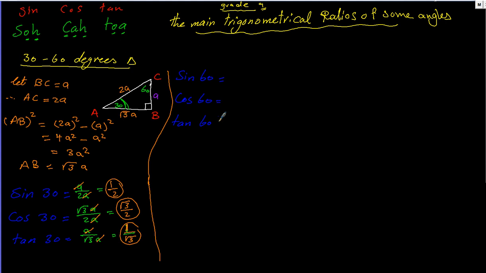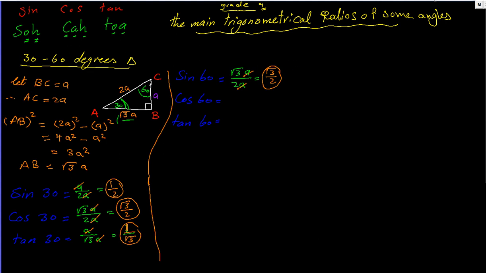For sine 60, it's opposite over hypotenuse. Opposite to 60 is root 3 A. Root 3 A over hypotenuse. Hypotenuse is 2A. Also by erasing A with A, it's going to be root 3 over 2.